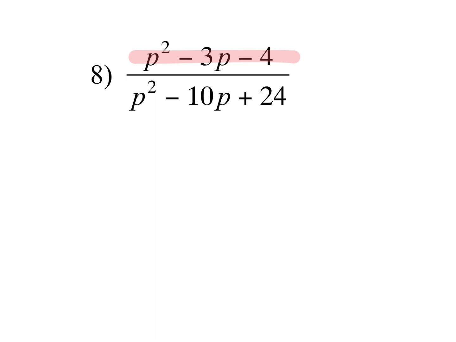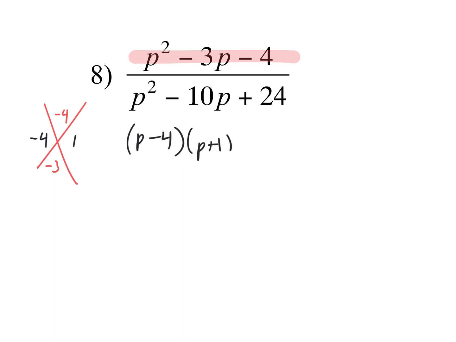All right, in the numerator here, got to factor. So it multiplies to give us negative 4 and adds to give us negative 3. Well, that's going to be 4 and 1, with the 4 being negative. So this becomes p minus 4 times p plus 1. And then in the denominator, I also need to factor this.